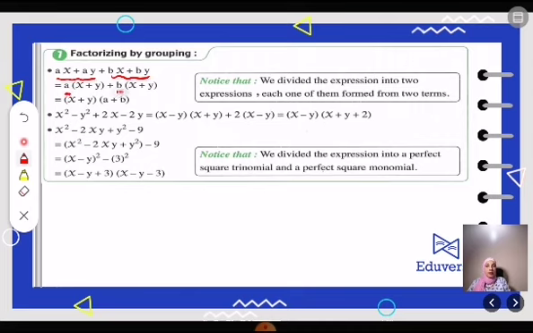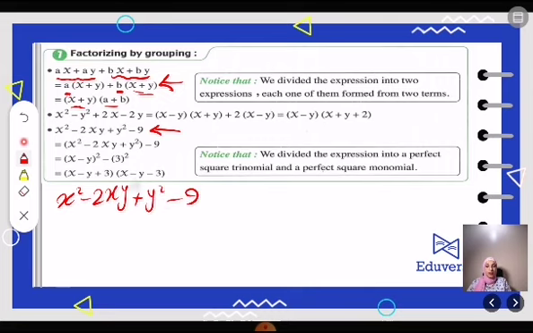Here also I can take b as a common factor, and it will be x plus y. Then I notice the bracket x plus y is a common factor, and the remainder is a plus b. What if I have an expression like x to the power 2 minus 2xy plus y to the power of 2 minus 9?